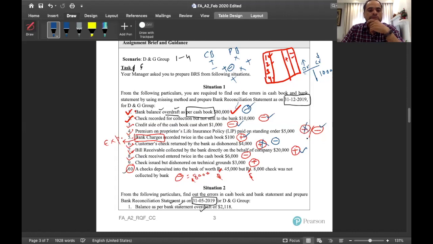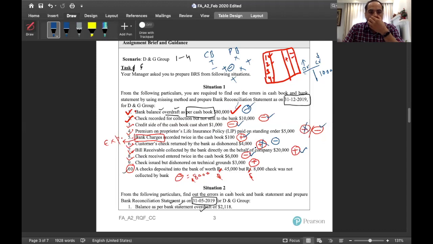That's right. Number 8, check received entered twice in the cash book. We received one time, but by mistake we entered twice. So in order to make the balance equal, we will minus, which is right.